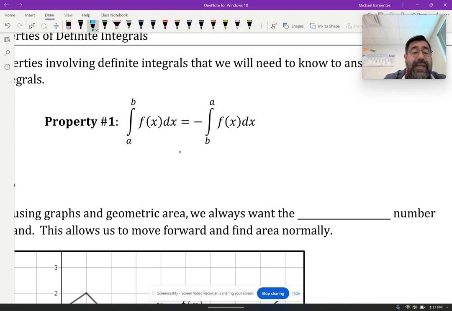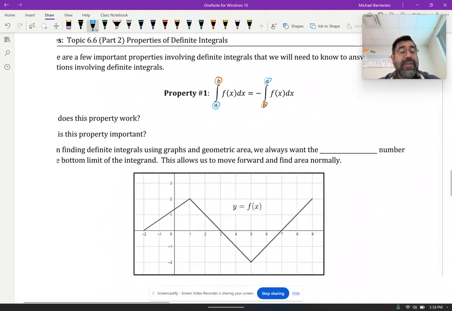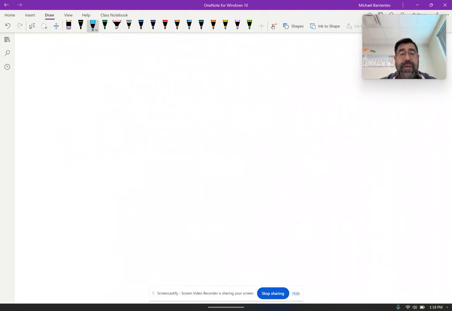Well, this is saying if my limits of integration happen to switch, then I can find the integral because I know that those 2 integrals are just opposites of each other. So when I switch my limits of integration, I get the opposite answer of what I start with. And so the question is, why does it work?